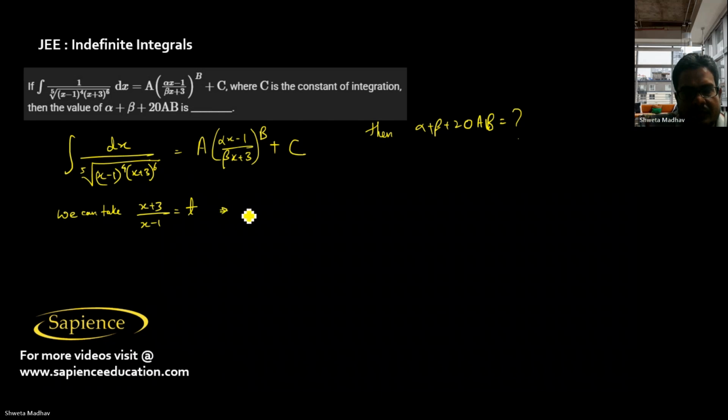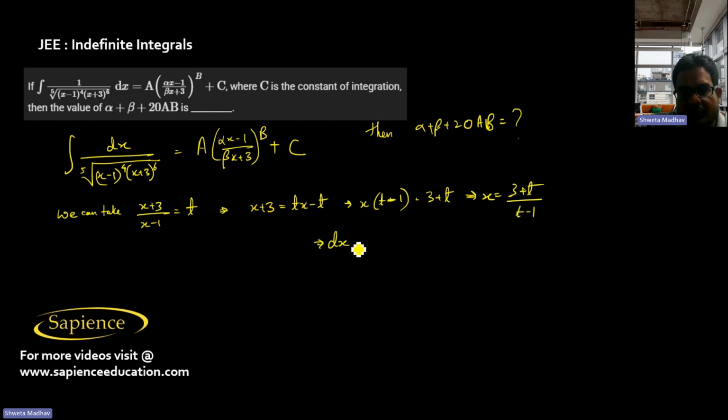Then you can say that x plus 3 will be equal to tx minus t. So I can say x into (t minus 1), that is tx minus x, is equal to 3 plus t. So it means x will be equal to (3 plus t) by (t minus 1).